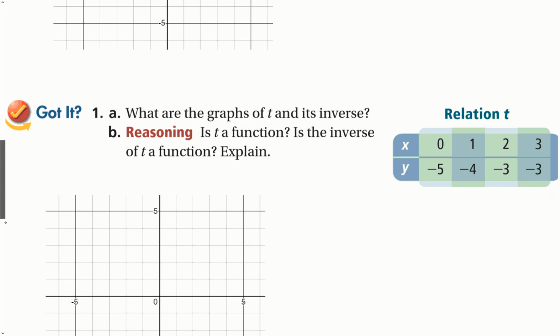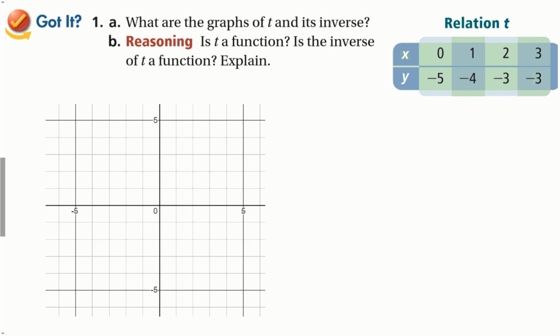Okay, let's try this problem again, with our got it problem. If that is the relation, the inverse would be the y's turned to x's, so that's -5, -4, -3, -3, and the x's become my new y's.